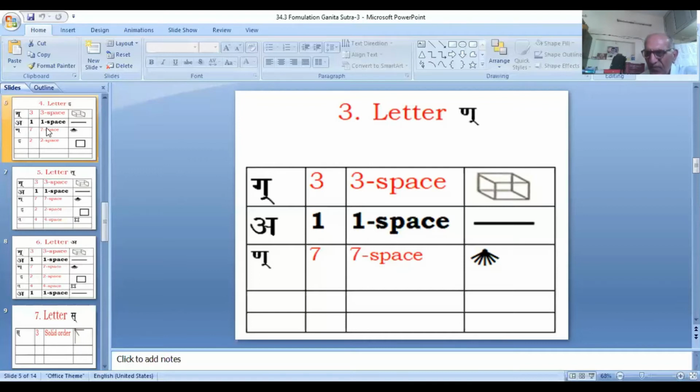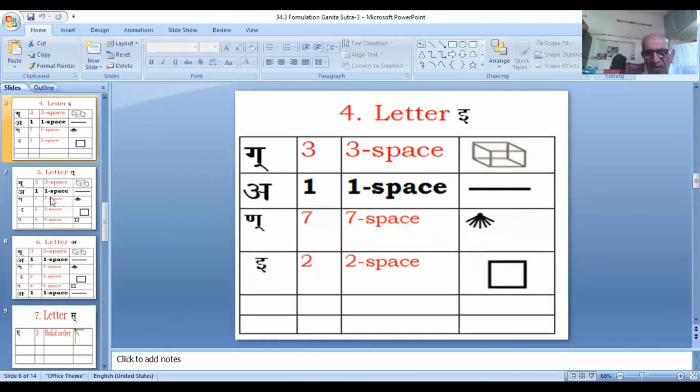With this phase and stage the fourth step is to be faced, and this fourth step is parallel to format features of the fourth letter, namely E. E is the second vowel. It is two space in the role of the dimension. Two space in the role of a dimension means that it is taking us to four space, which is of a spatial order.